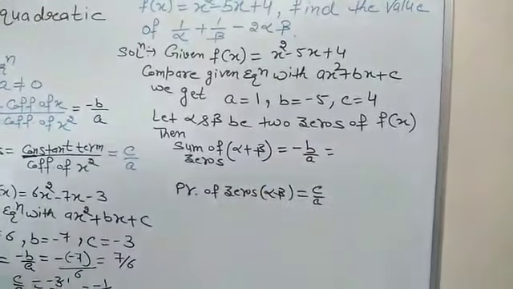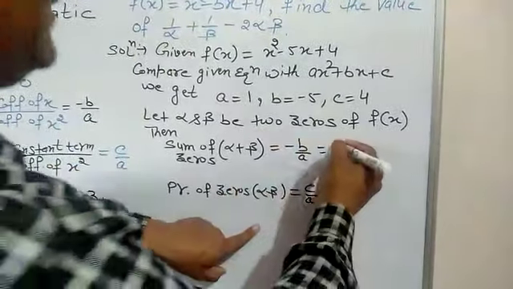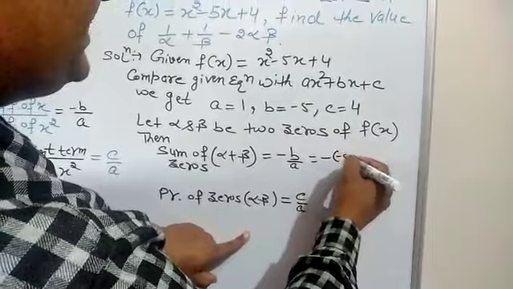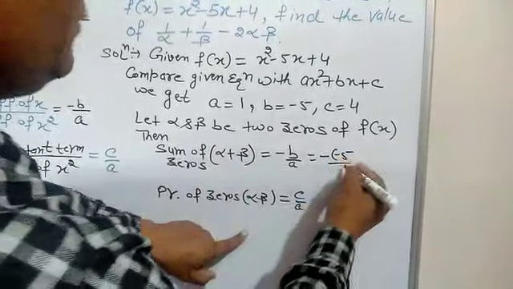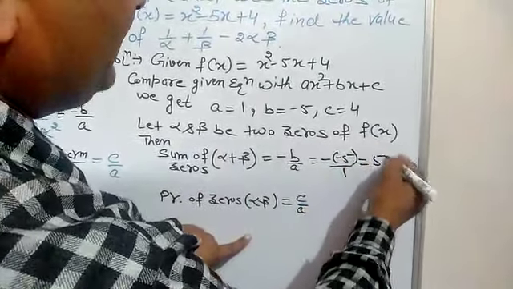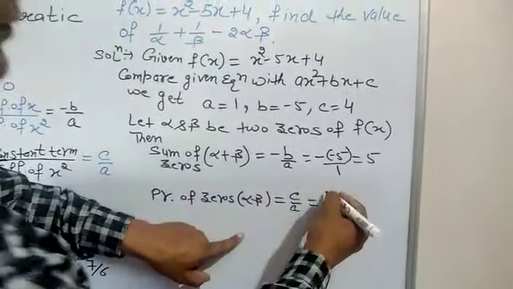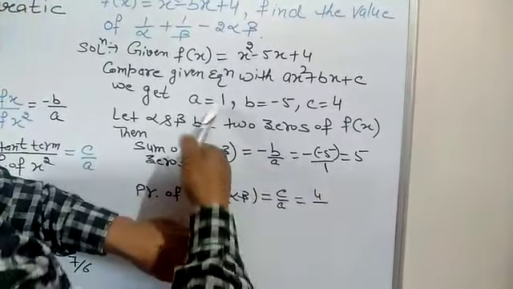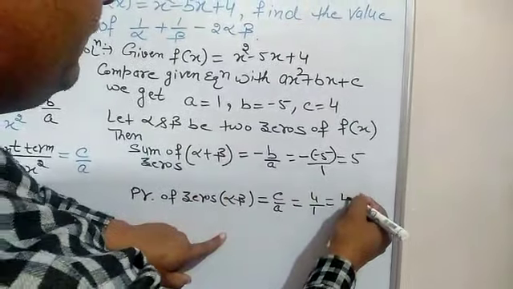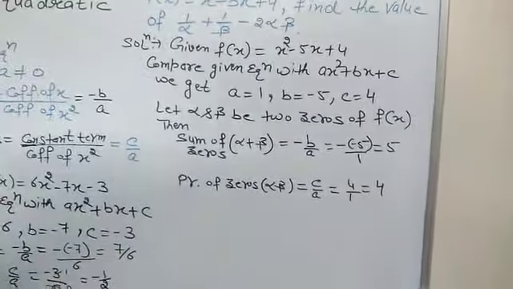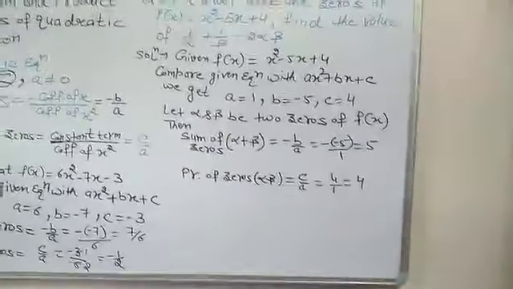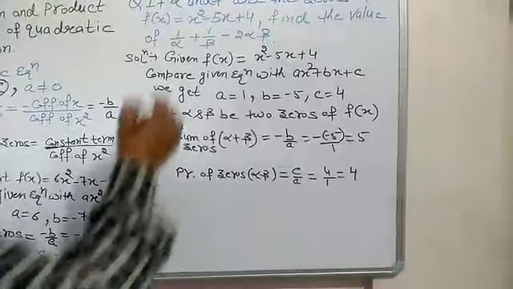So minus b upon a. Here the value of b is minus 5 and the value of a is 1, which is equals to 5. Negative, negative, positive. C, what is the value of c? 4. Divide by a. A value is 1. So it is equals to 4. Now we have alpha plus beta as well as alpha beta, that is our sum of zeros and product of zeros.